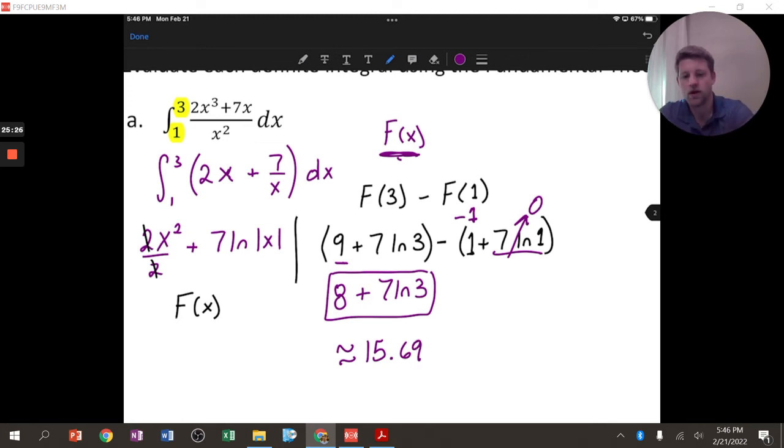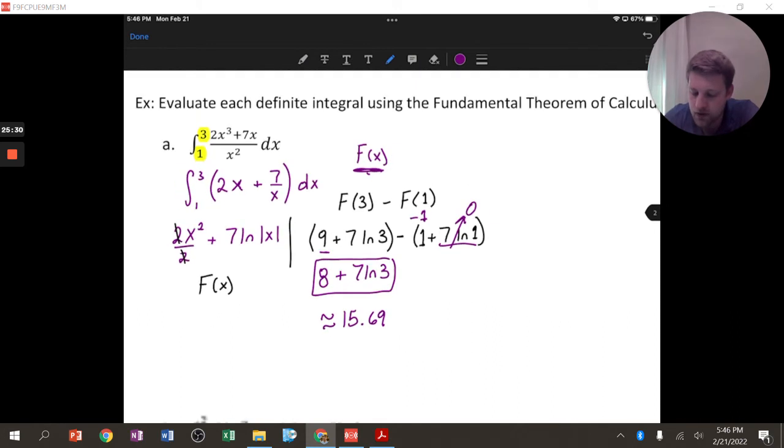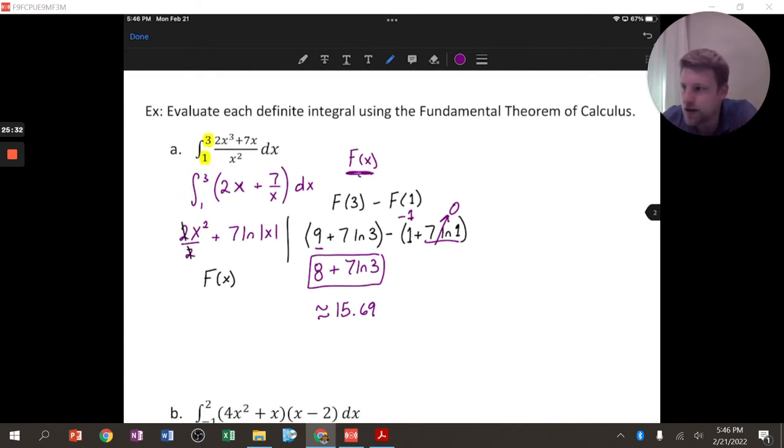We do out to a couple decimals. So you can verify that just to make sure we have the right natural log button in our calculator. Can kind of confirm that. All right, so we have the exact result and then an approximate decimal solution.